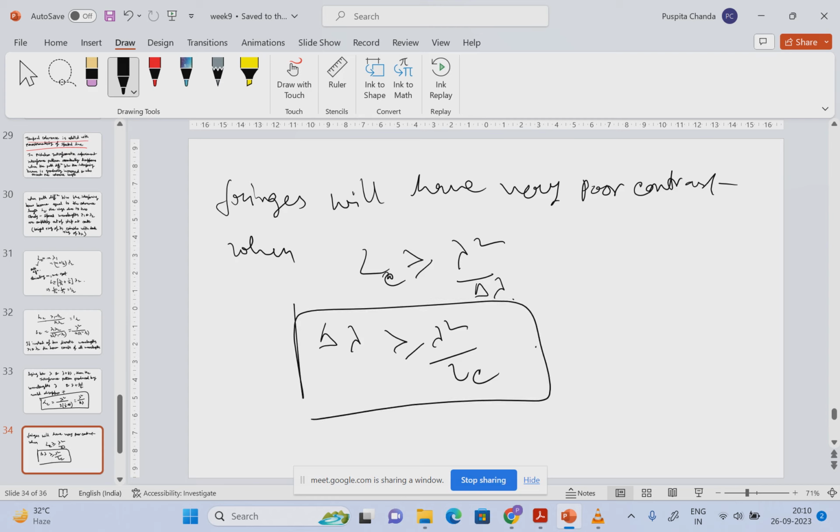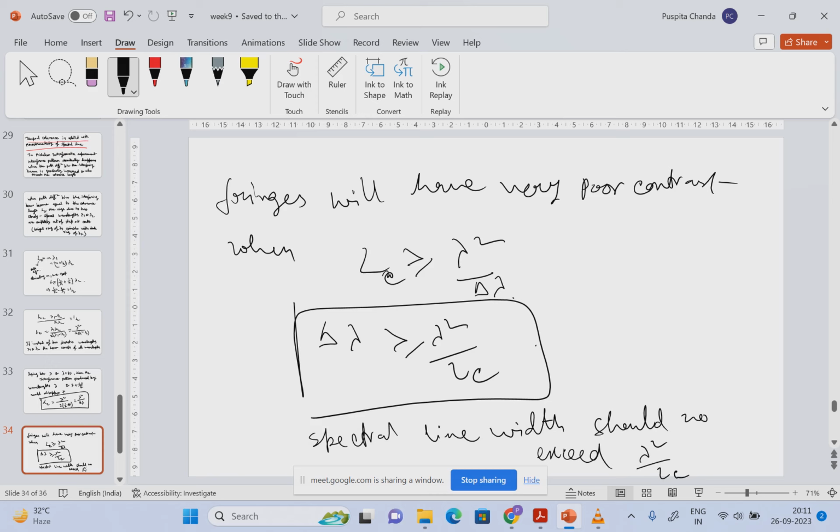So the spectral line width should not exceed lambda square by LC.